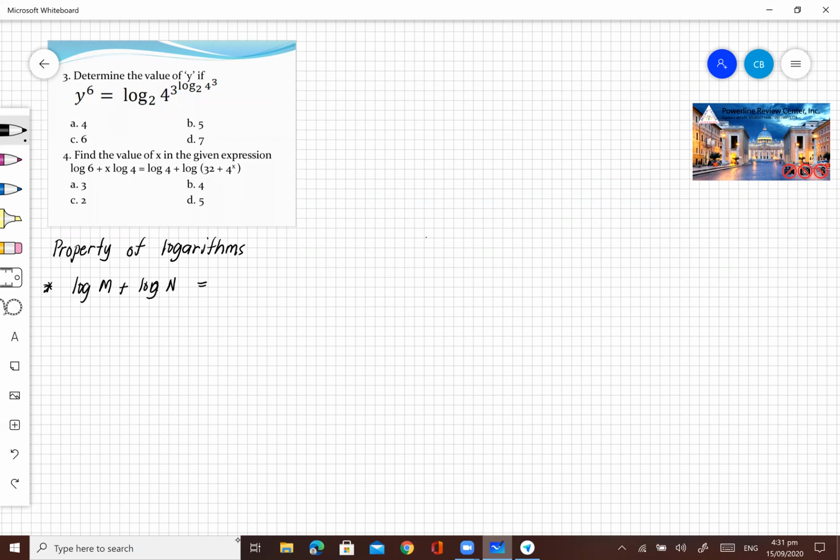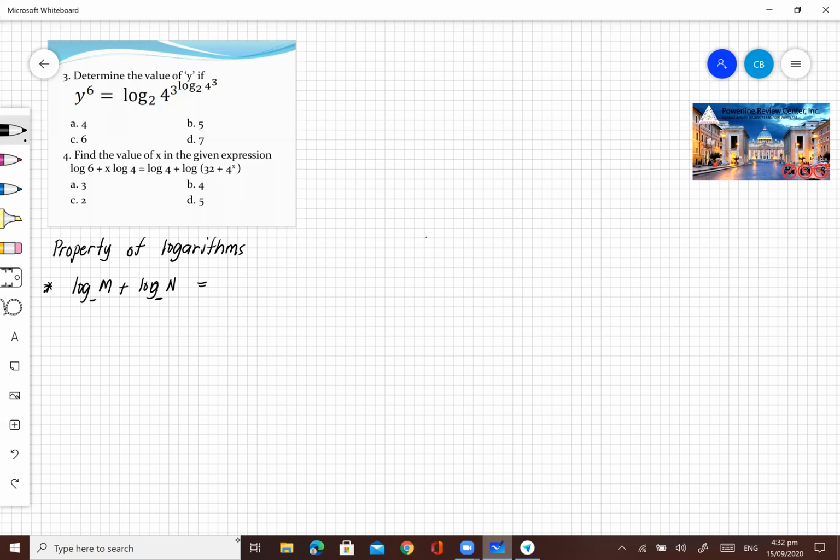Makikita natin ang base ng ating logarithm sa baba ng letter g. Kapag walang nakalagay dyan, automatic anong base natin? Pag logarithm, automatic the base is what? 10 pag walang naka-specified.